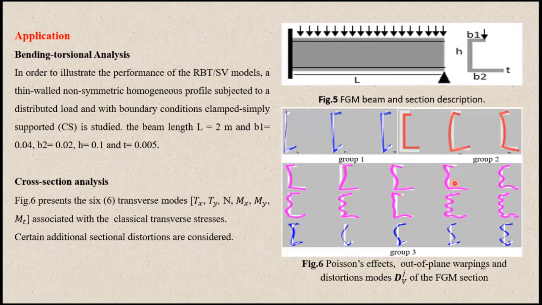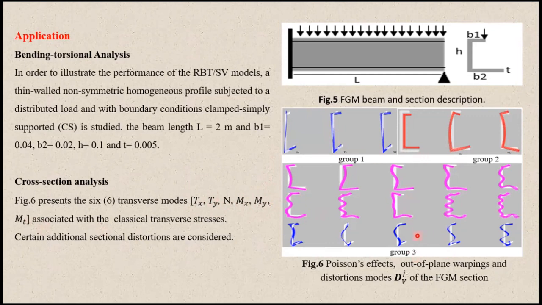The deformation modes in red color indicate the Poisson's effect related to the axial force N and bending moments Mx, My, while the deformations in blue color indicate the out-of-plane deformation related to the shear forces Tx, Ty, and the torsional moment.